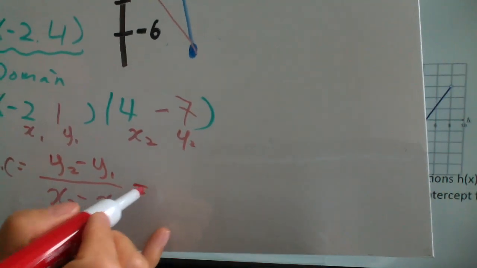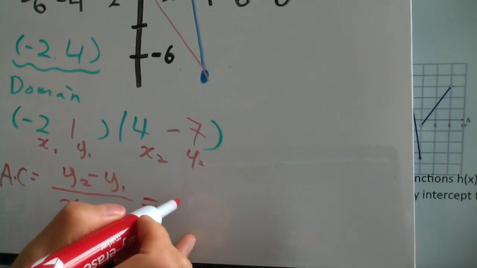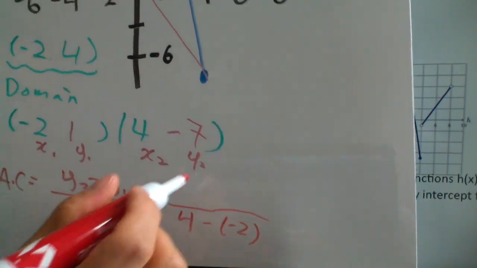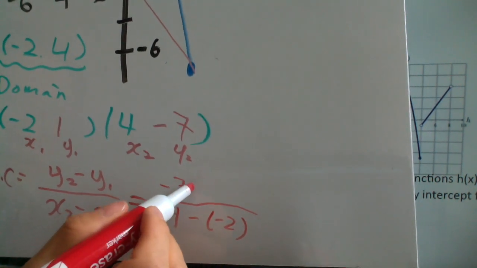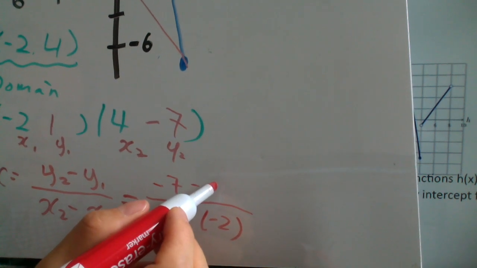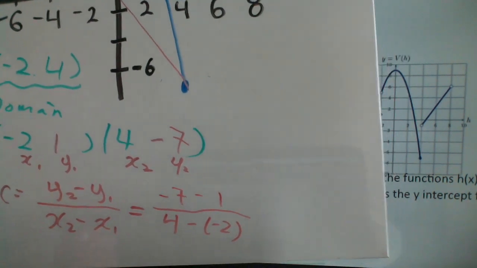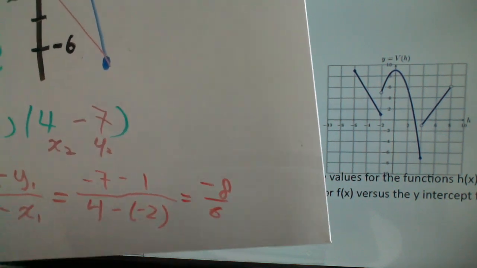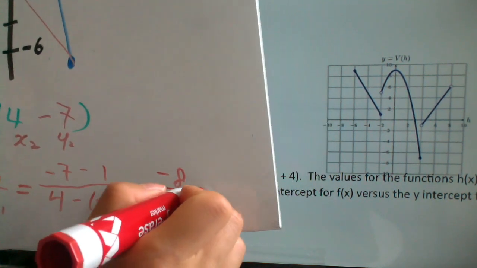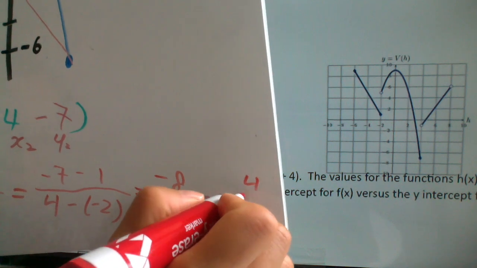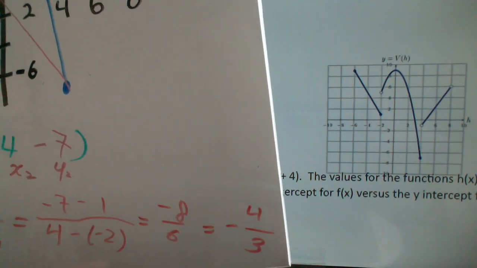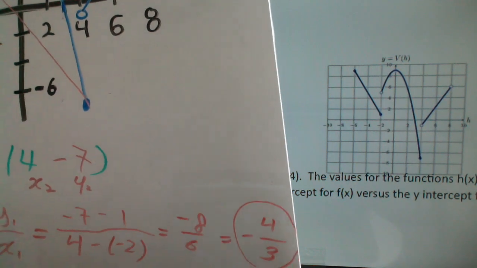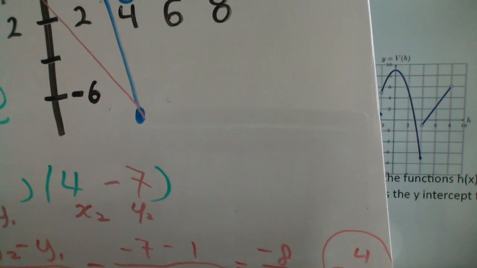Okay, so x2 is 4, x1 is -2, and -7 minus 1. Right? And then we'll simplify. So the answer is right here. That's the answer of number 2.